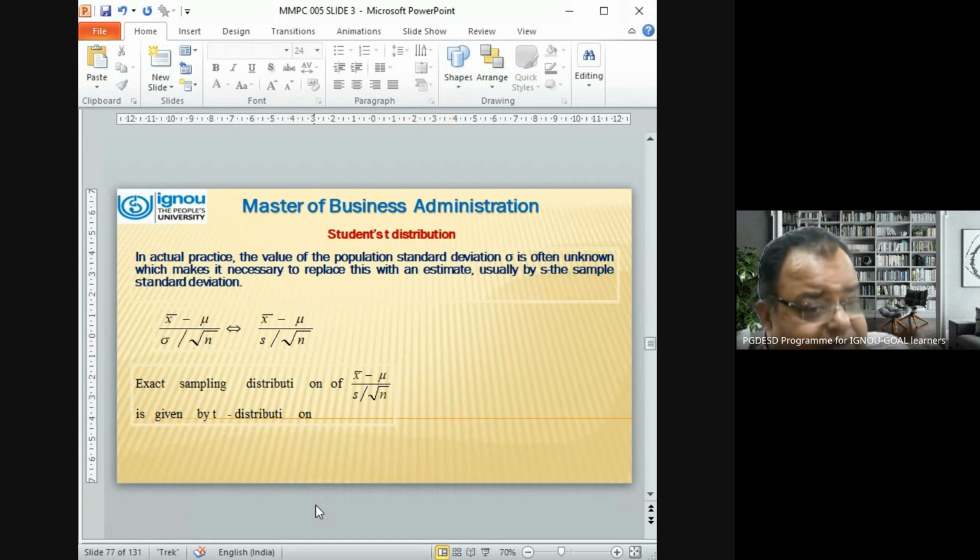Now see the difference. X bar minus mu upon sigma upon under root n has been replaced: this sigma has been replaced by S. X bar minus mu upon S divided by under root n. The exact sampling distribution of this is given by the T distribution.